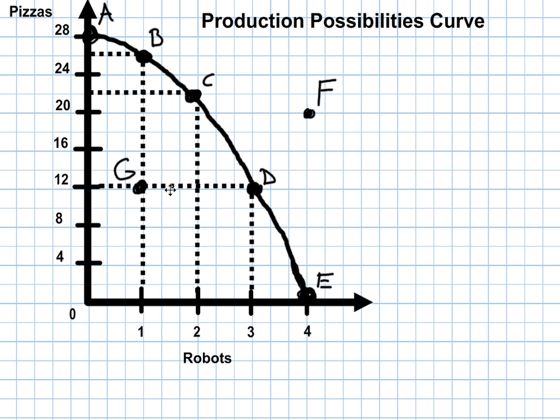And a point like G is possible, but it's not efficient because we can produce more robots, we can produce more pizzas, we can produce more of both without giving anything else up. That means we must have had resources that were not being used.